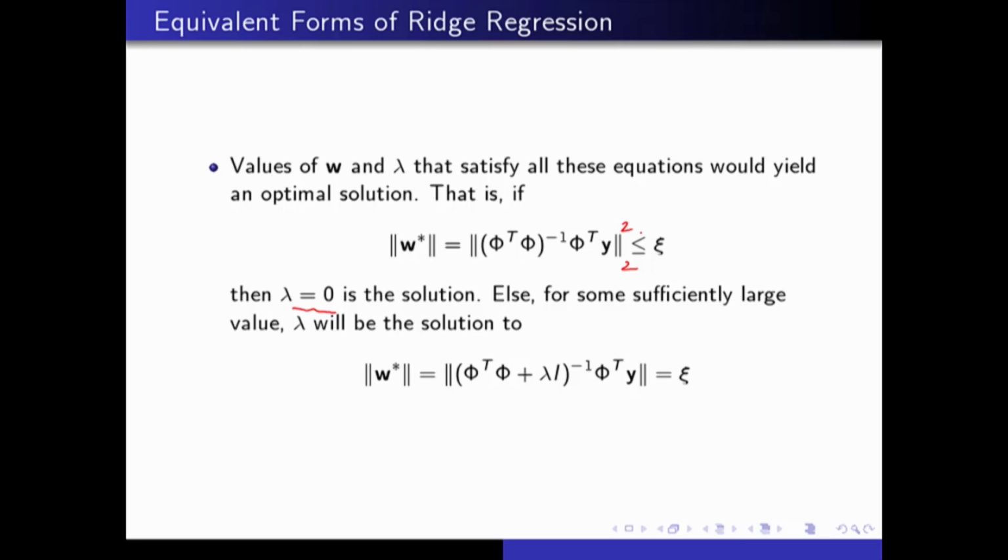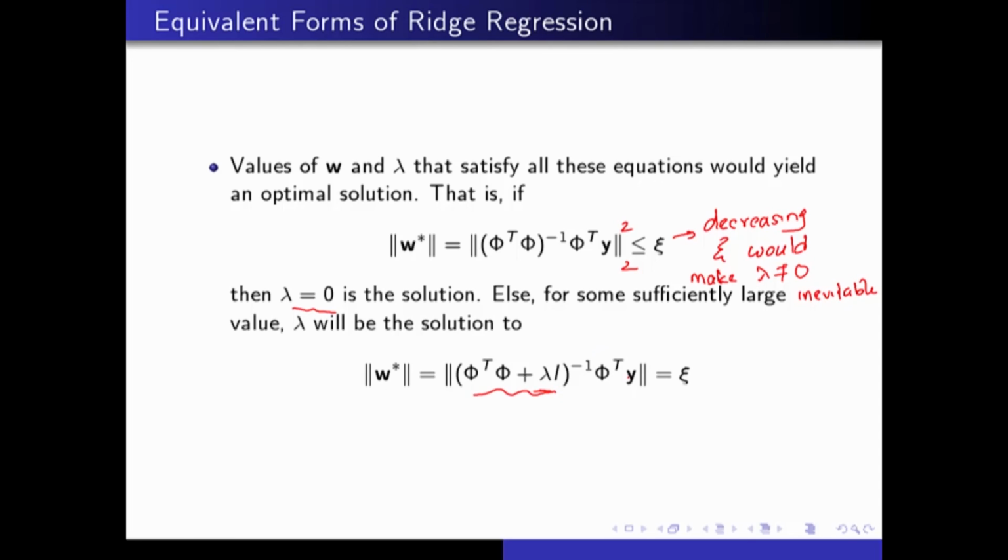Of course, if you decrease xi, this would make lambda not equal to 0 inevitable. As you shrink the value of xi, lambda will be forced to be non-zero. Why? Well, as you add a lambda I component to phi transpose phi, we have already seen that the eigenvalues of the matrix phi transpose phi plus lambda I will definitely increase.